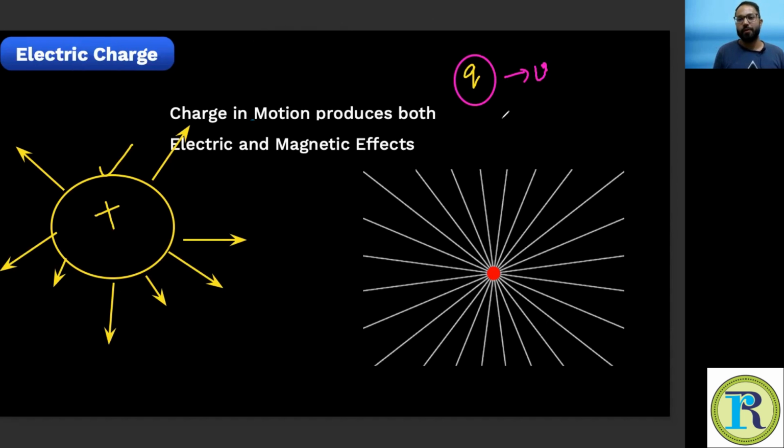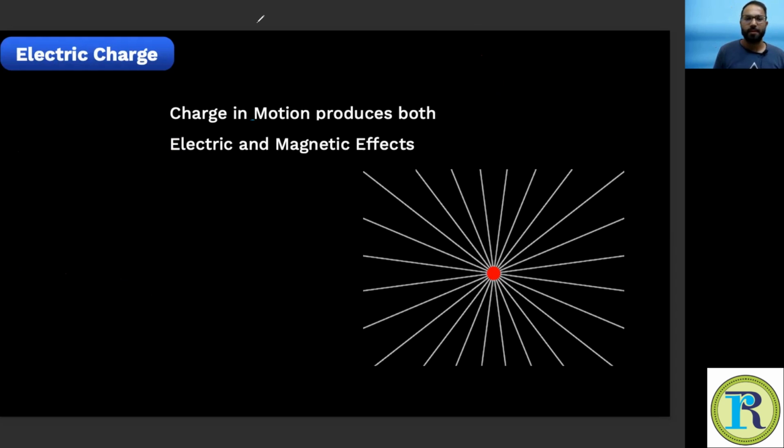Clear? So it's the second property of electric charge.